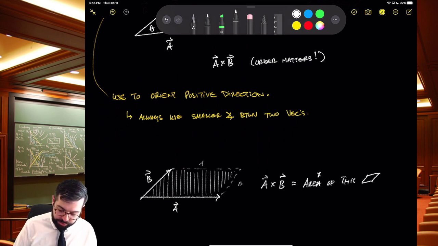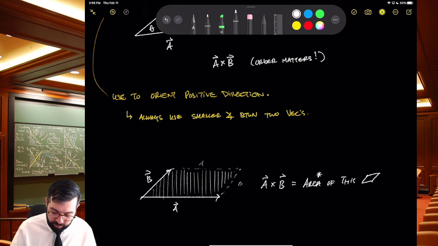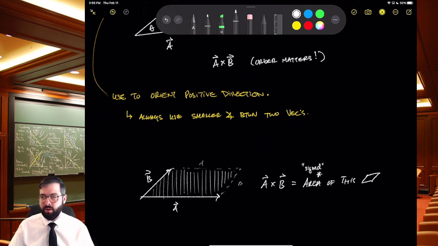But there's a catch. It's only the area of this parallelogram if this is A and if this is B. Okay? If it's the other way around, or that the angle is larger than 90 degrees, it flips, right? And it becomes a negative area. So I want to say, in quotes, it's actually the signed area of this parallelogram.